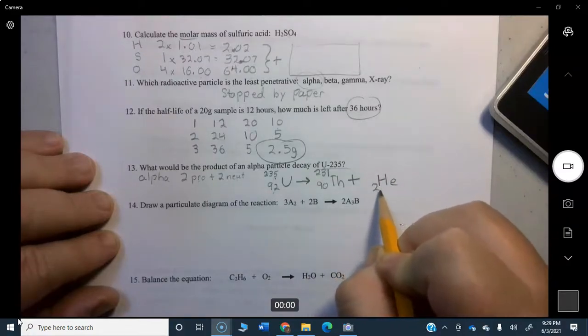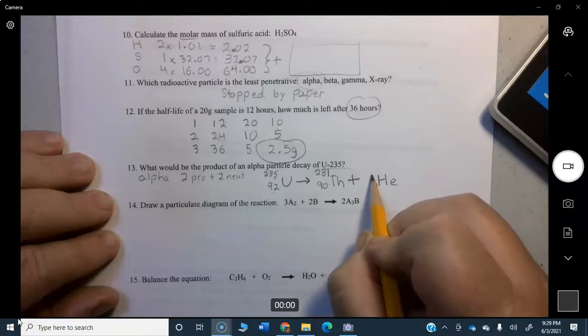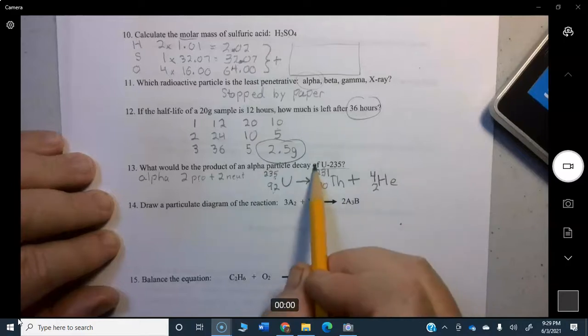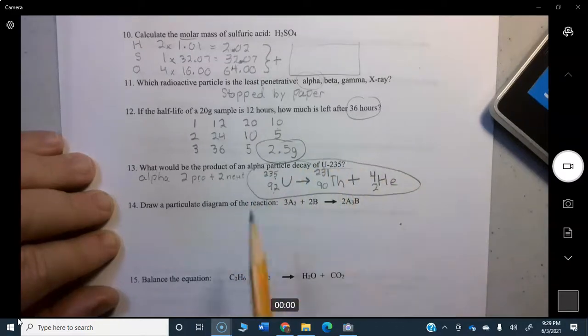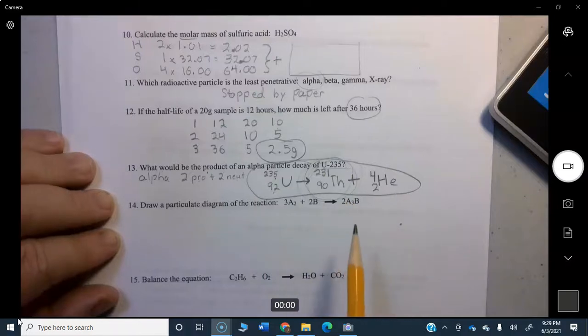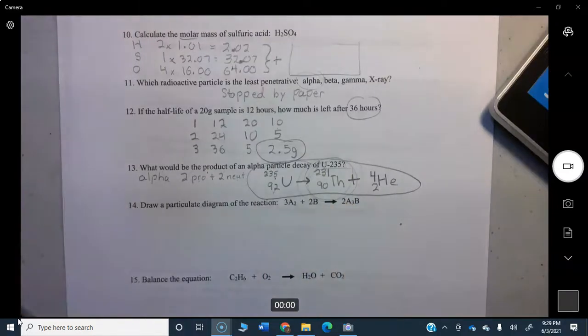It's 2 protons, and then 2 protons plus 2 neutrons, so the mass number would be 4. Okay, and that's the answer. Now they're asking what would be the product. The product would simply be the thorium. Okay, I mean that's the entire reaction, but it's asking what's the product. Well, that is the product. It's everything. Okay. So anyway, that's it.